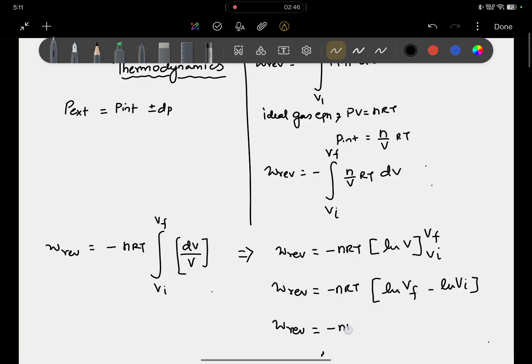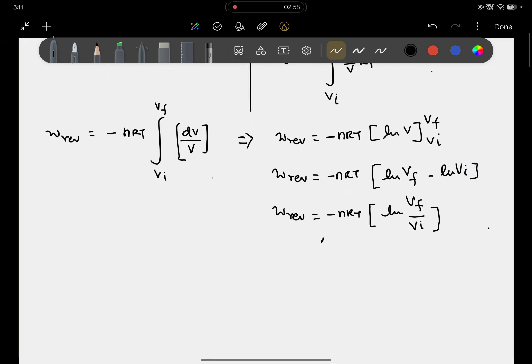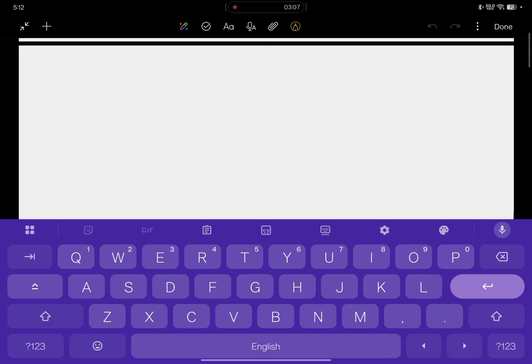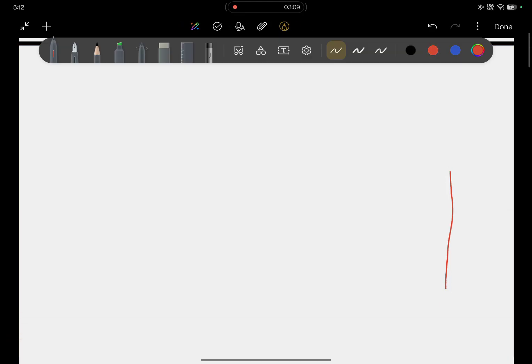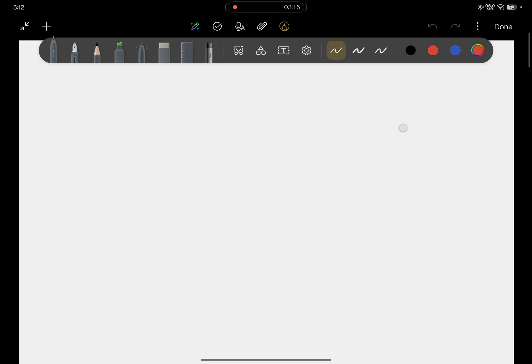So W reversible is equal to minus nRT into ln V final by Vi, because ln A minus ln B is equal to ln A by B. Remember, ln is log to the base e, the exponential term.